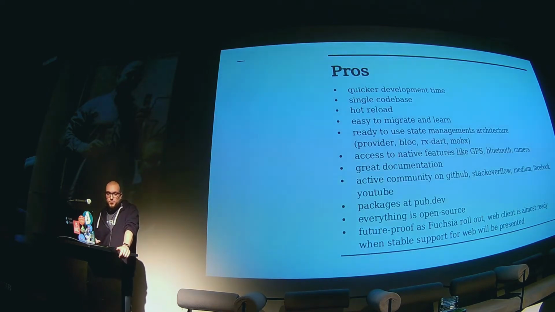Still, you can access native features like GPS, Bluetooth, camera, and the accelerometer that counts steps without any problem. Great documentation and an active community on GitHub, Stack Overflow, you name it. You always get great support from these guys. I think Flutter documentation is great because there are a lot of examples in it.